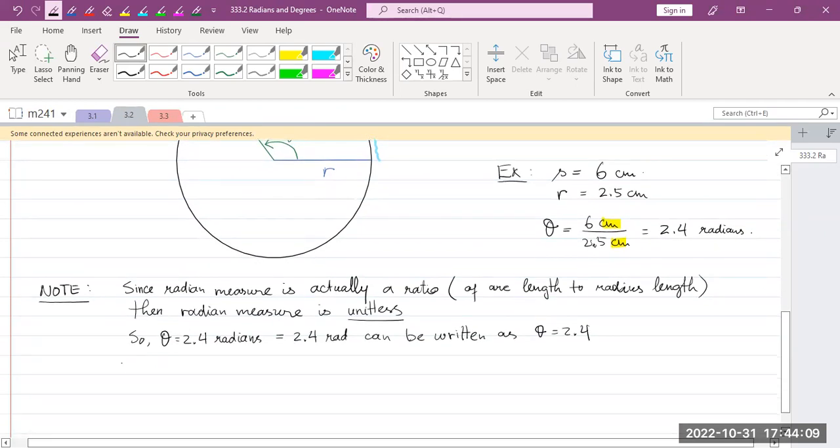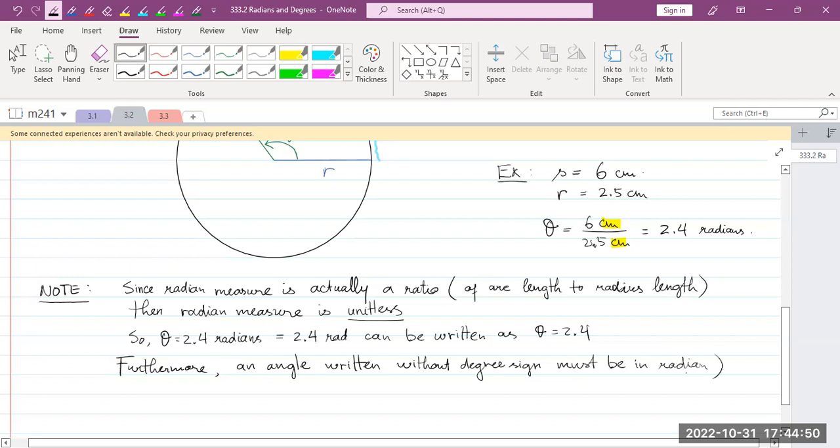Furthermore, an angle written without degree sign must be in radian. If you don't write the degree sign, it means it is in radian.